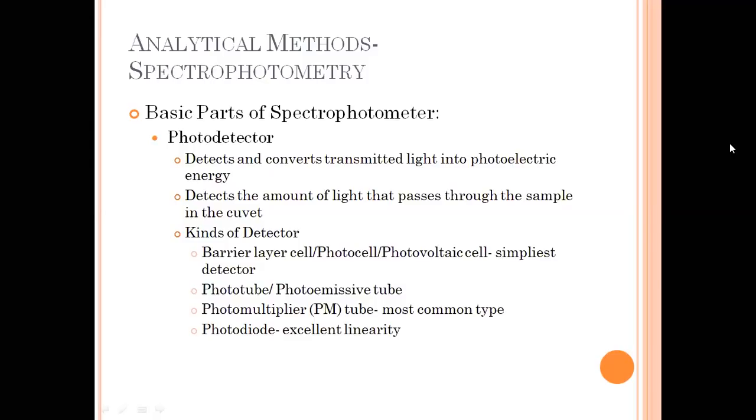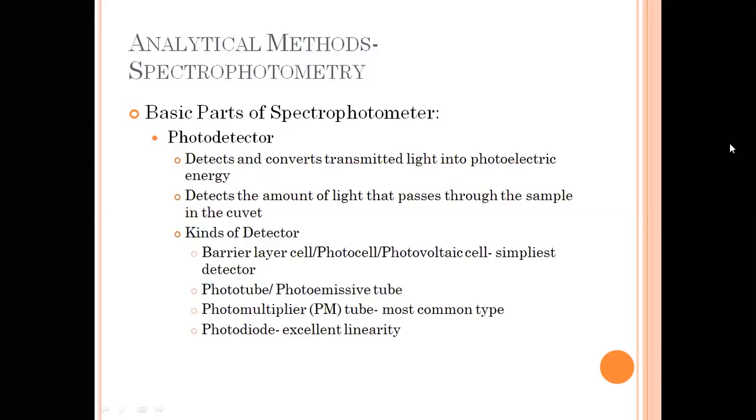So we have also different kinds of detector. Photodetector could be barrier layer cell, or this is also known as the photocell or the photovoltaic cell. And this is actually believed to be the simplest detector. Least expensive, however, is temperature sensitive.